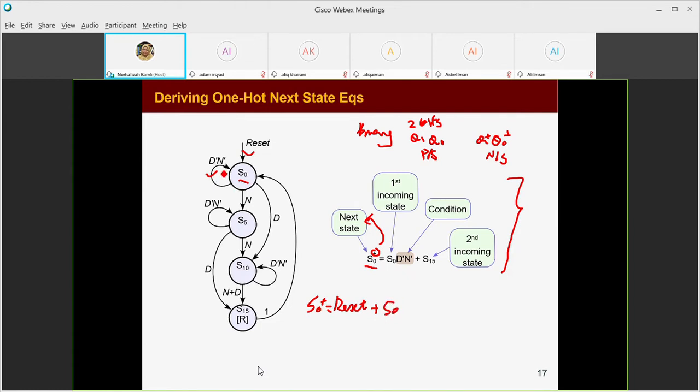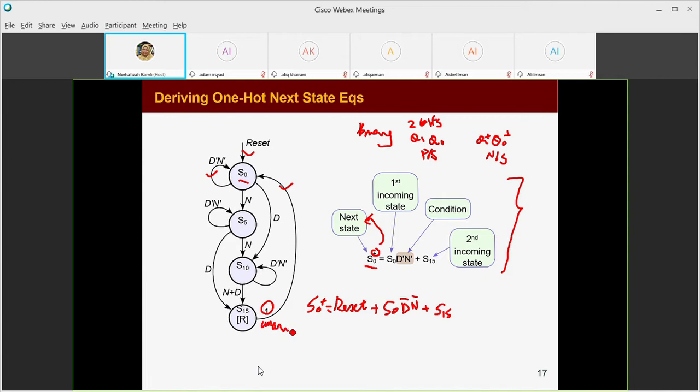And what is the condition? D bar N bar. So you have D bar and N bar, right? And the third arrow coming in is from S15. And the 1 here means unconditional.